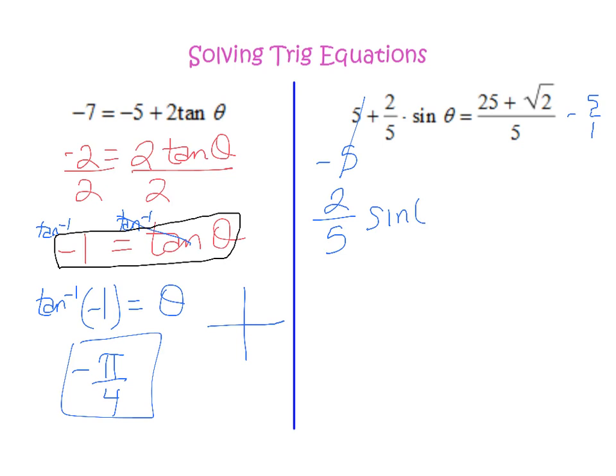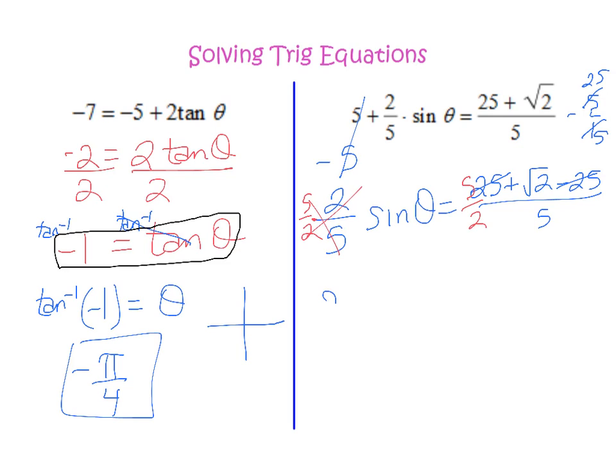2/5 sine theta is equal to 25. I'm going to get a common denominator of 5, so that's going to turn into 25. I'm going to have 25 plus the square root of 2 minus 25 all over my common denominator of 5. And look what happens to your 25s in the numerator. Those are going to drop off. And you really just have root 2 over 5. Now I'm going to multiply both sides by 5/2 to get rid of that fraction.